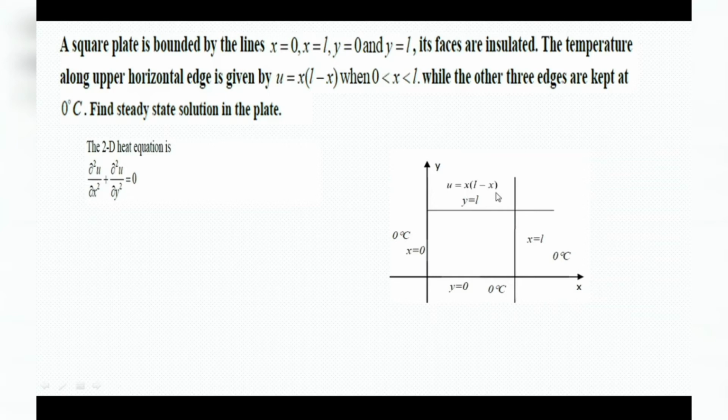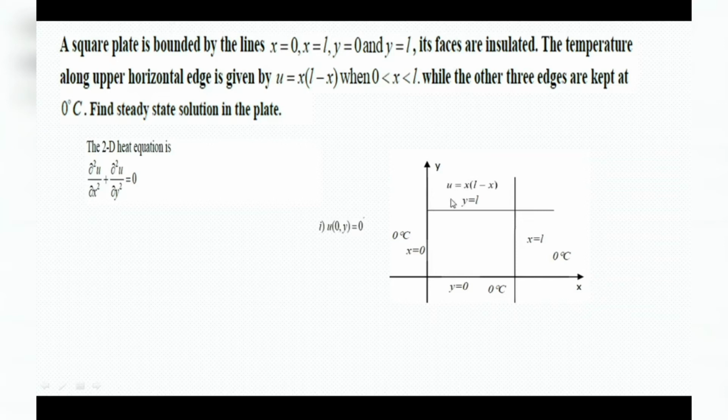Now we have to frame the boundary conditions. It is given that three edges are kept at 0 degree, and this one is a non-zero temperature. The rest of the edges are at 0 degree. Here, the non-zero temperature is the last boundary condition.